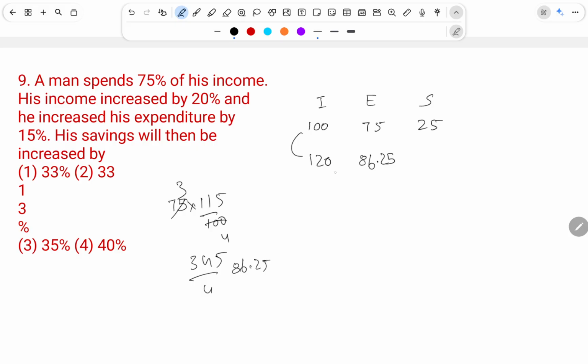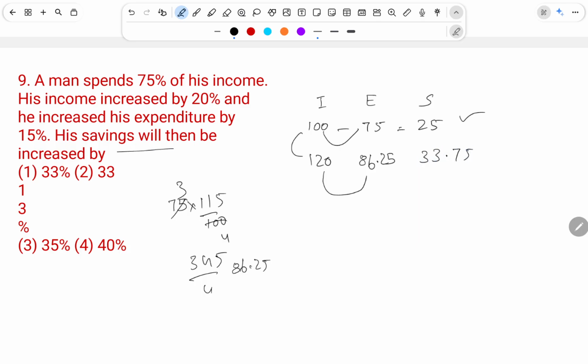Then his savings will be income minus expenditure. That is what we did here: I got savings as 25 because 100 minus 25 is 25. Now 120 minus 86.25 is 33.75.